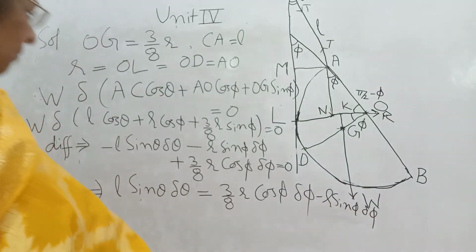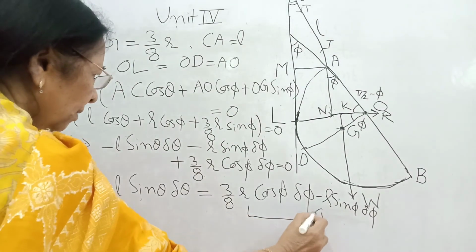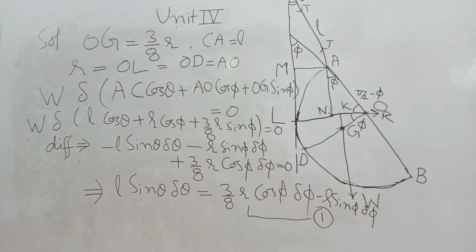Now you can observe, call it equation number 1. This is the equation in theta and phi.